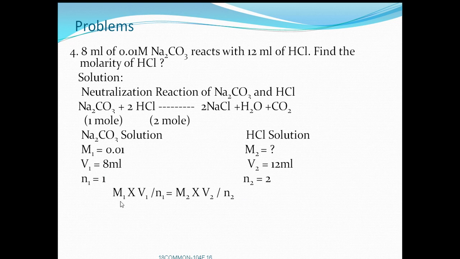Right. What is the formula? M1 into V1 by N1 equal to M2 into V2 by N2. In this we have all values except the M2 value. So if you apply all values, we can calculate this M2 value.